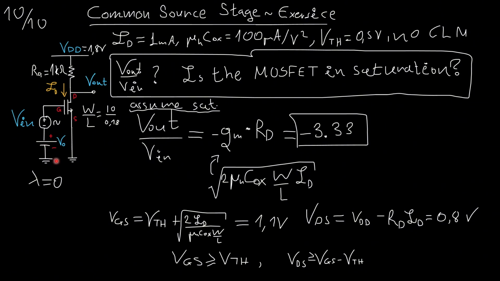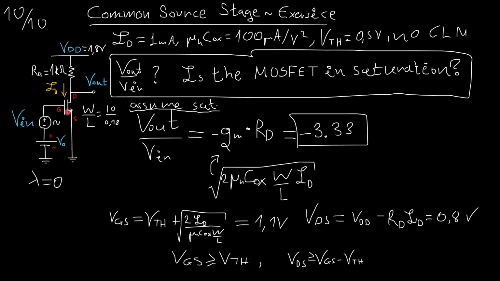Well, it's the same as if we did a KVL, but if it's not clear here, we can look at this logically. The VDD is between here and the ground. There is some voltage drop in the resistance here, and the rest of the voltage goes to VDS.